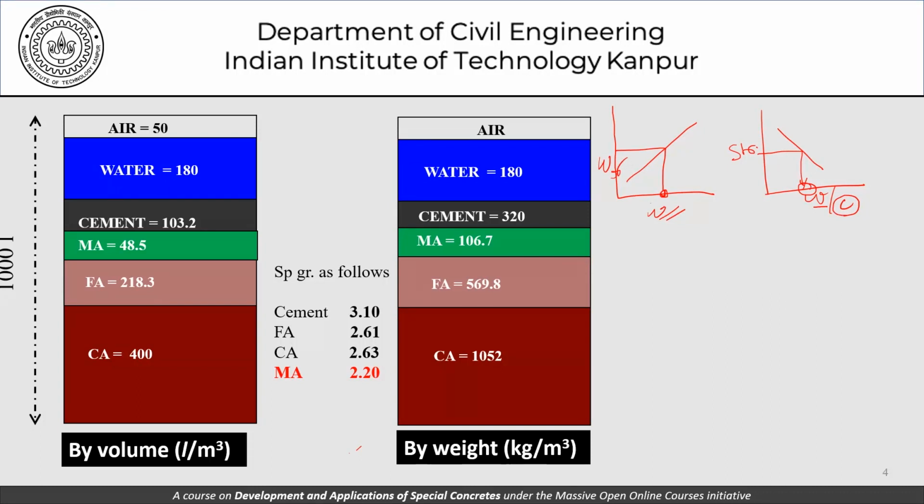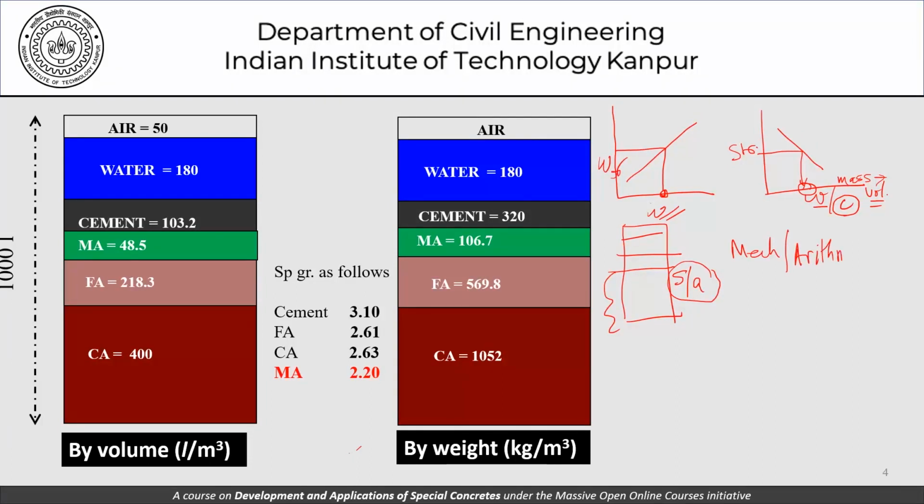We calculate the cement content by mass, convert that to volume using the specific gravity of cement, and then we were using this picture all the time. We knew how much air is there, then we said water, then we said cement, and this space that we had left here, we divided using the concept of S by A. So this was a purely mechanical, arithmetic kind of exercise that we did.